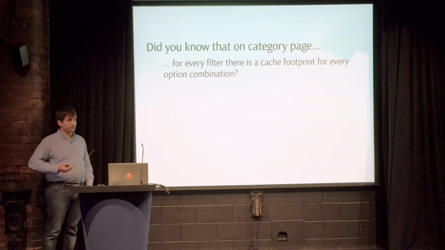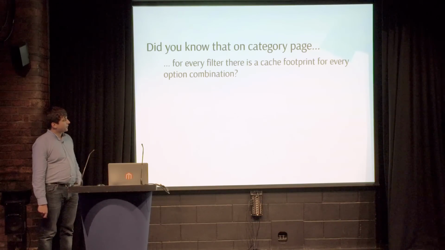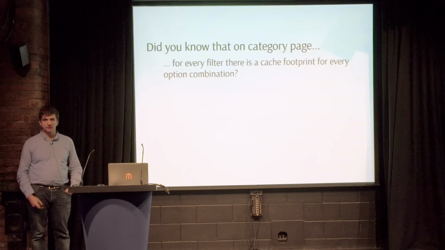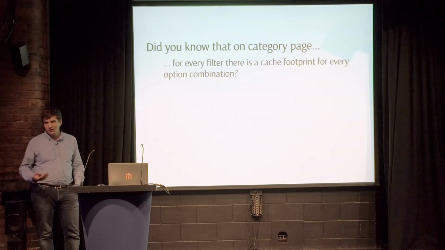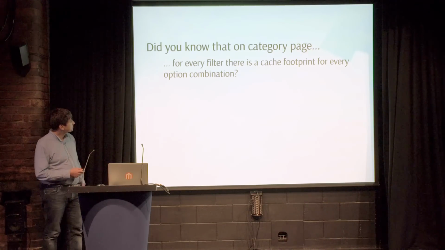So every combination of filters you have on a Magento category page has a cache entry. And it also eats up your Redis cache memory that you can spare for a better reason, right? You still can use Redis cache for something more important for you.